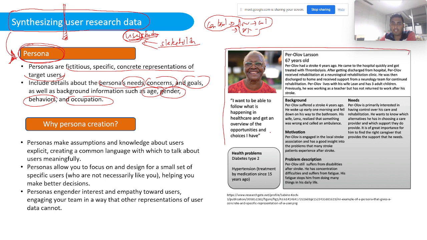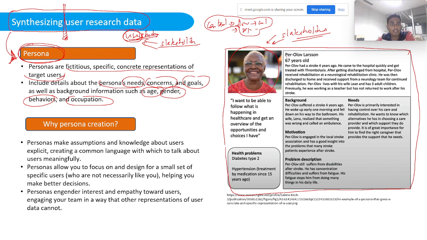So what we represent here is a persona, which is not a real person, but a representation of various stakeholders that you have come across in a user study.